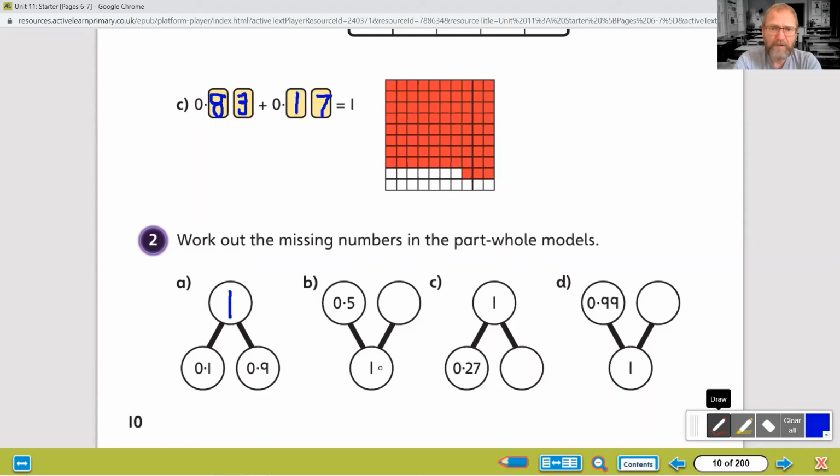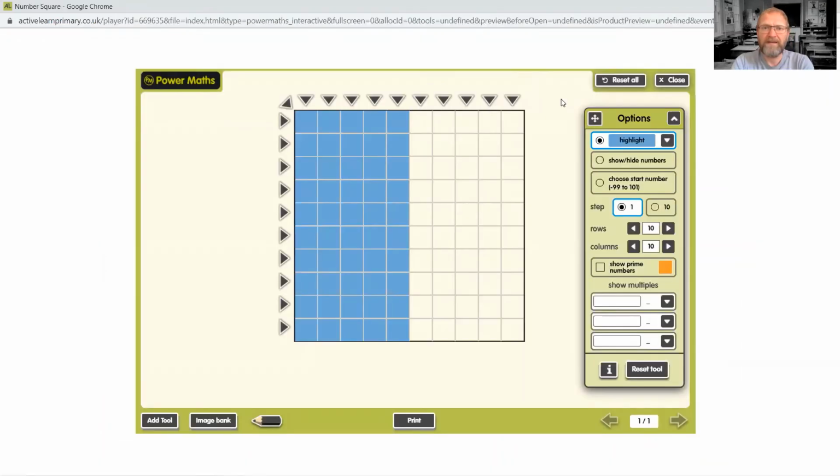0.5, what would we add to 0.5 to get 1? Here, we've got 5/10. 1, 2, 3, 4, 5/10. And what do we need to add to 5/10 to get a whole?